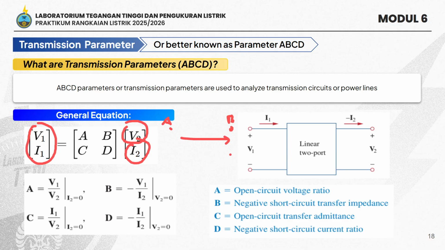We don't want the output current to come back into the network, because it would make the transmission circuit chaotic and the electrical measurement not symmetrical. That's why we must make sure the current in the output port has the same direction as the input port.